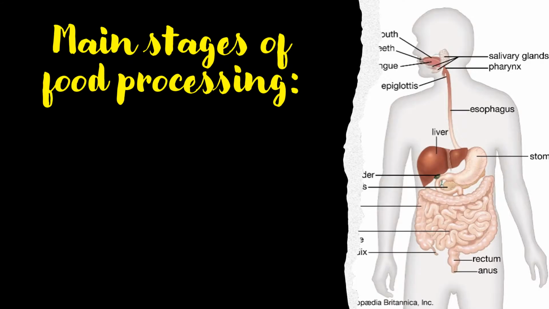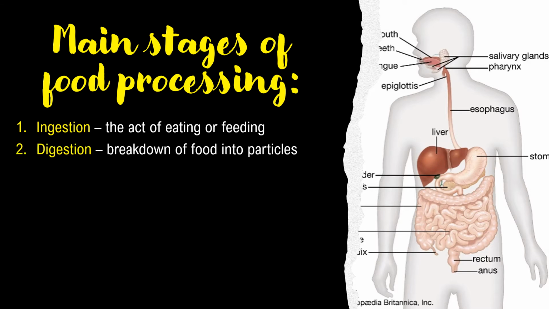Foods are processed in four stages. First is ingestion, the act of eating or feeding. This is coupled with the mechanical breakdown of food into smaller pieces, allowing for a greater surface area for chemical digestion. Second is digestion. It is the breakdown of food into particles, then into nutrient molecules.